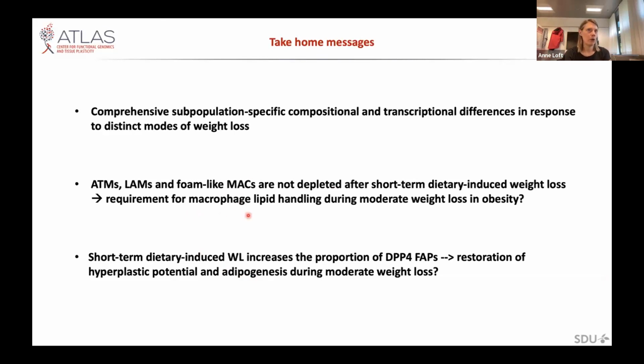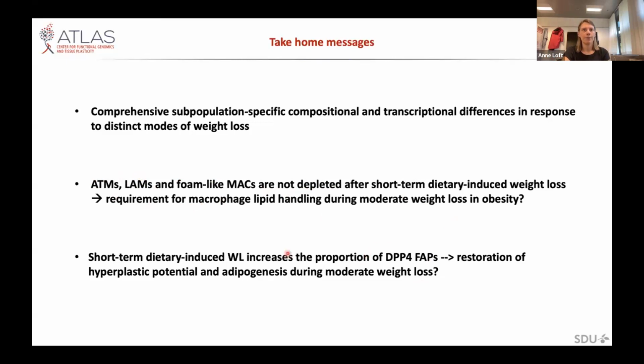What I showed you today is, for example, for the macrophages, that the different subpopulations of macrophages are not really depleted or reversed by this moderate weight loss, which likely indicates that macrophage lipid handling is really important in these early phases of the weight loss.